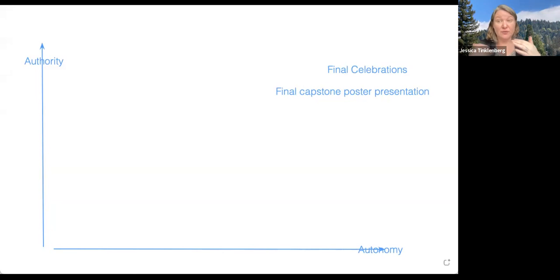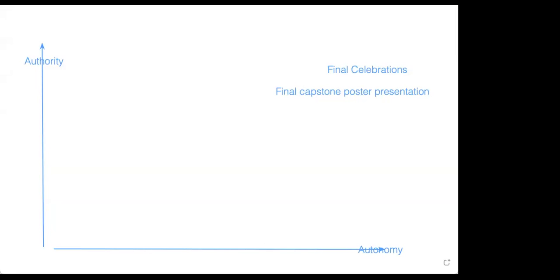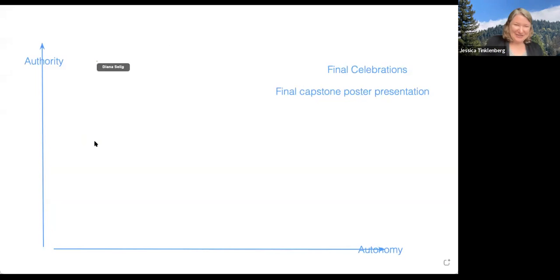But if there are things that you've used really effectively, and especially if there are things that I put on the slide that you would put somewhere else, that would be very welcomed as well. So I guess the answer is there are many ways to be successful. How autonomous and authority of you. That's right. I'm going for it.